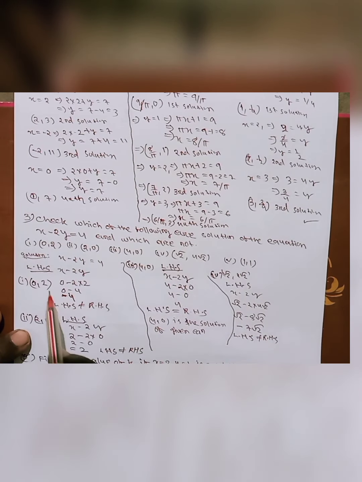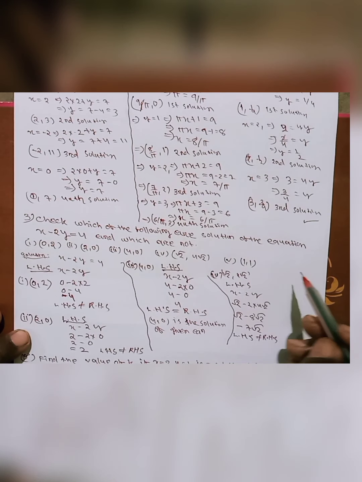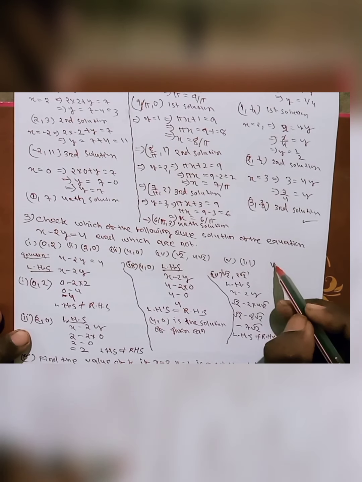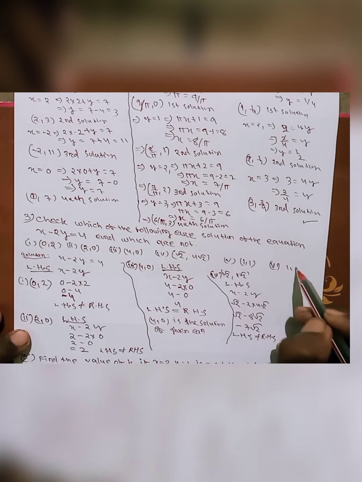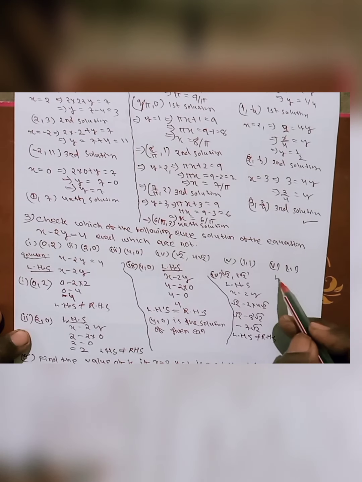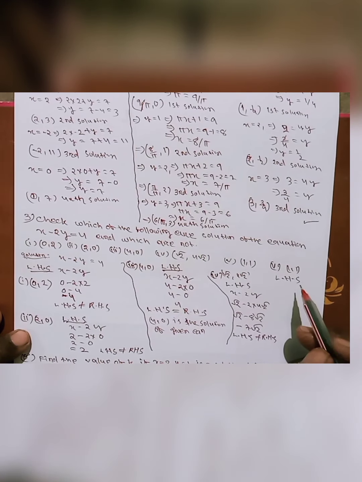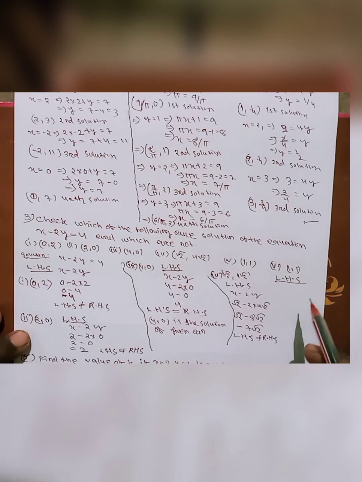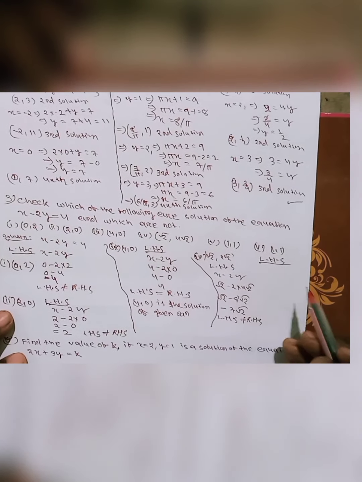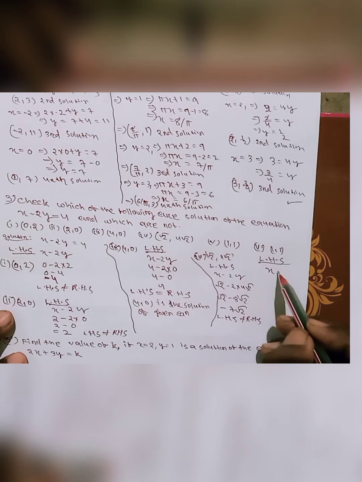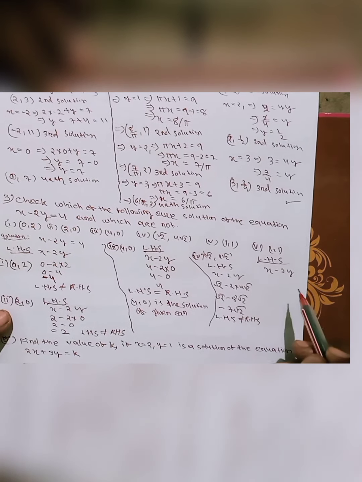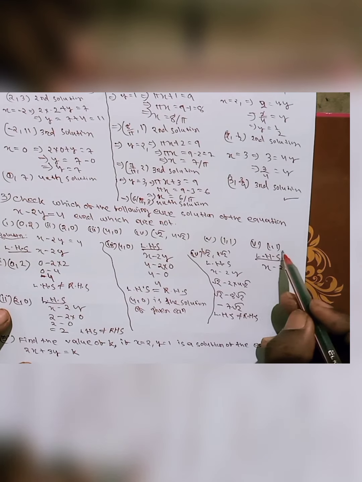Then the fifth is given 1, 1. Write LHS here. LHS is x minus 2y. Put the values of x and y here.